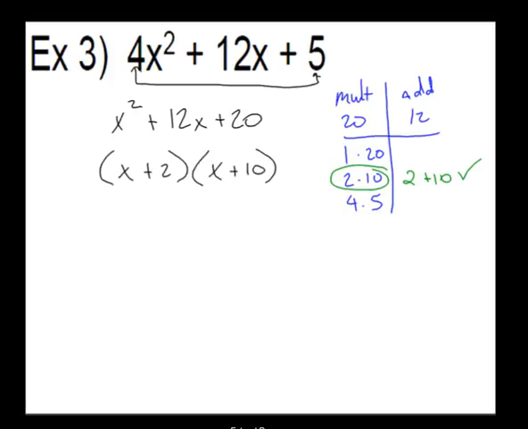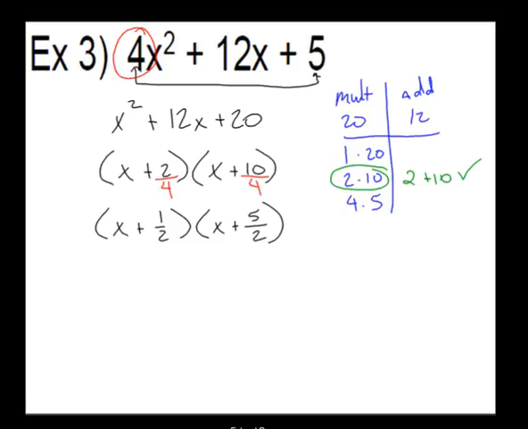But remember, I originally started with a 4 here, so I have to go back and put a 4 underneath each of these. Now 4 does not go into either one of these evenly, but I can reduce my fractions, so they become x plus 1/2 and x plus 5/2.